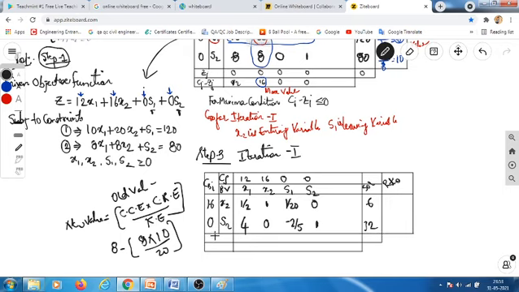So, again, let us calculate Zj. What is Zj? 16 into 1 by 2 plus 0 into 4, so it is 8.